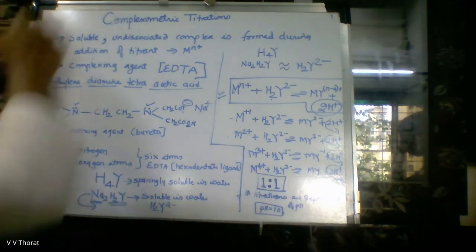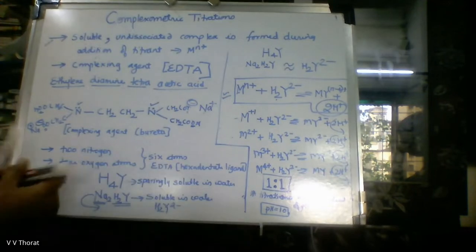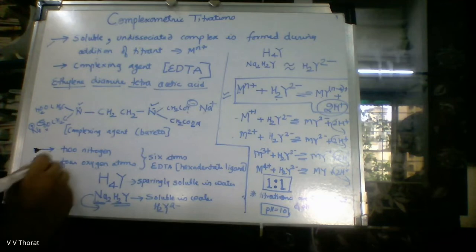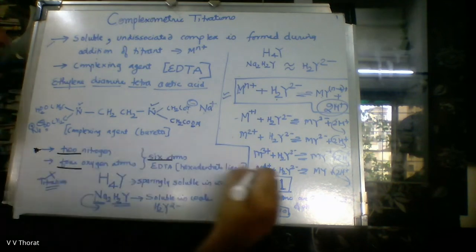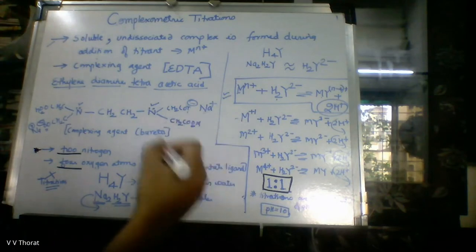So the question, 1 minute, I'll take my black marker. So the objective question most frequently used. This one, how many nitrogen atoms coordinate, how many oxygen atoms, total how many atoms, it will react with any metal. And see what we do every time, we need to take new questions.